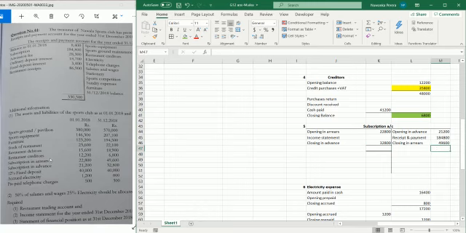Okay, opening subscription in arrears 22,800 is recorded in the debit side of the subscription account, and then the closing subscription in arrears is recorded in the credit side of the subscription account, and then subscription in advance, opening subscription in advance is recorded here, and closing subscription in advance is recorded here, and then the total amount of subscription received in cash within the year 2018 is 184,800.